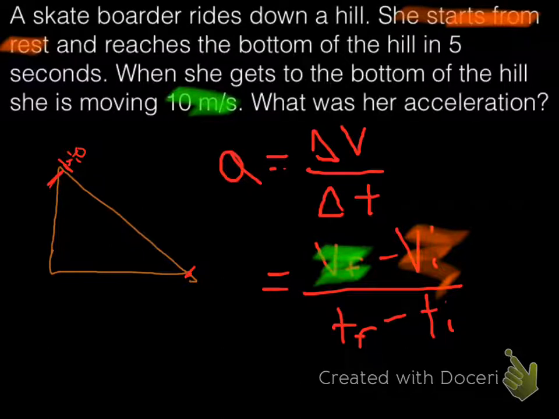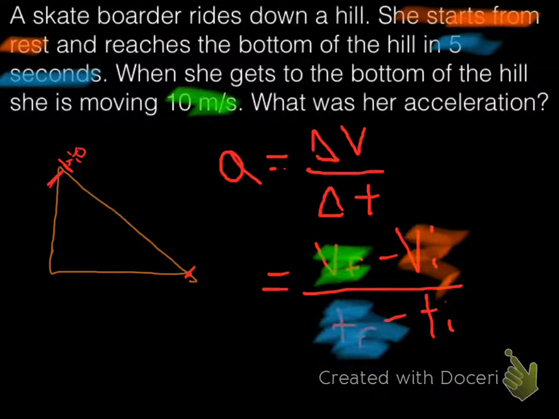The time at the start, let's just call it 0, because it'll land us nicely in the end. And the time that we finish with is going to be 5 seconds, because she starts from rest and reaches the bottom of the hill in 5 seconds. So we're going to call this our final time.